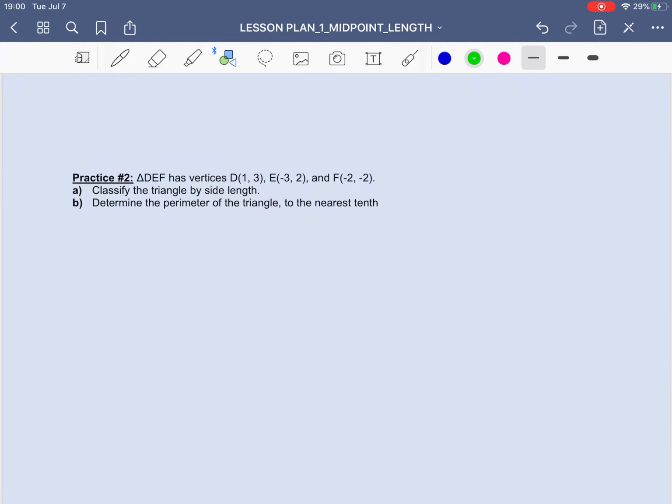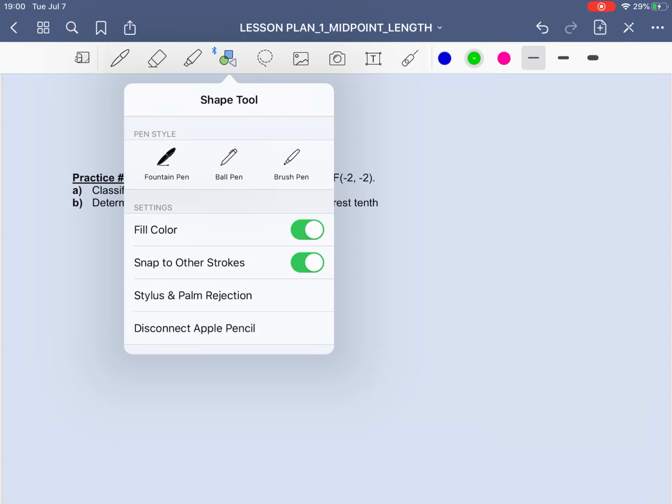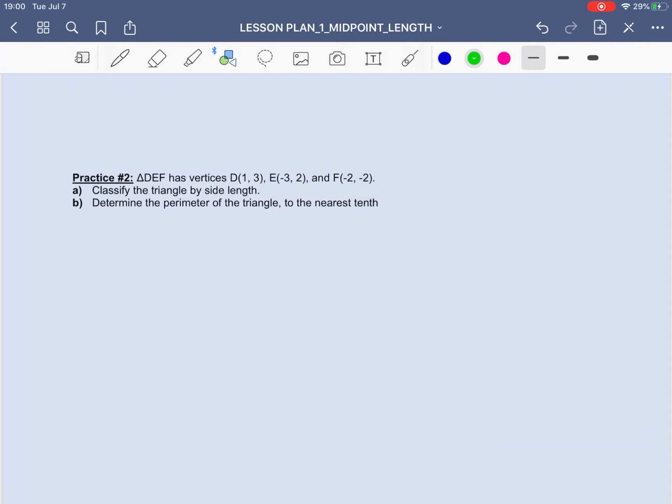And the second question that you are assigned as independent practice is you're given a triangle and you know the vertices of it, and you need to classify the triangle by side length. If I were you, I would start this way actually, I would simply draw the triangle. And you don't really need a Cartesian plane to draw the triangle precisely.